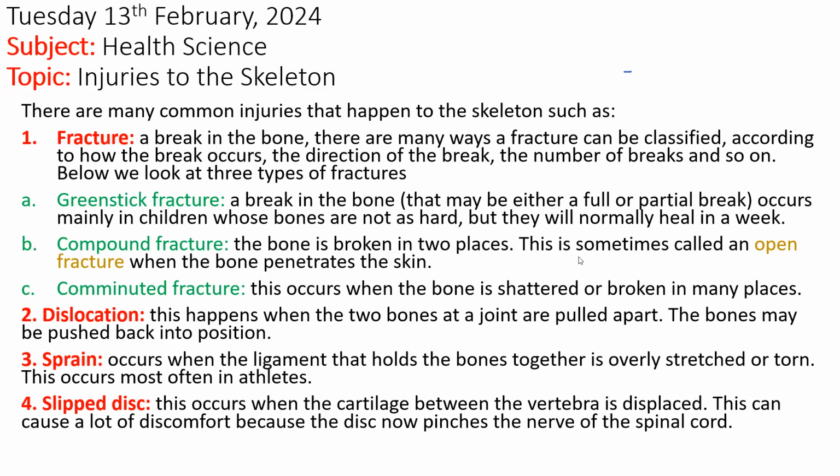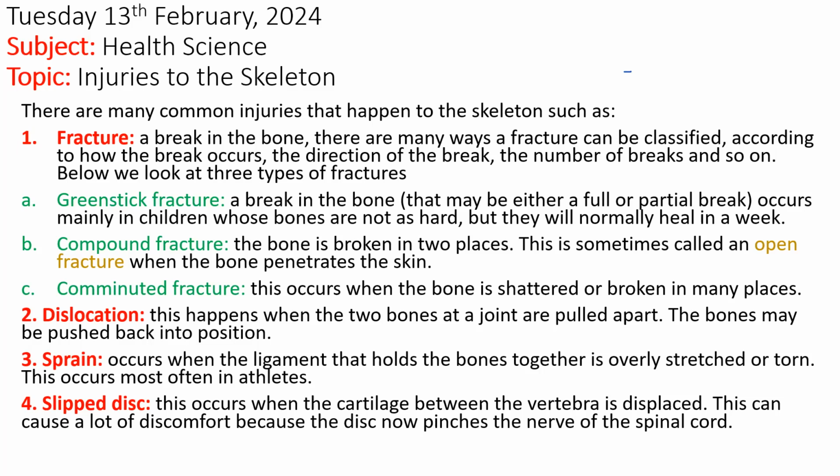Good. Can someone read the definition for sprain? What do we mean by sprain? Occurs when the ligament that holds the bones together is overly stretched or torn. This occurs most often in athletes. Very good.